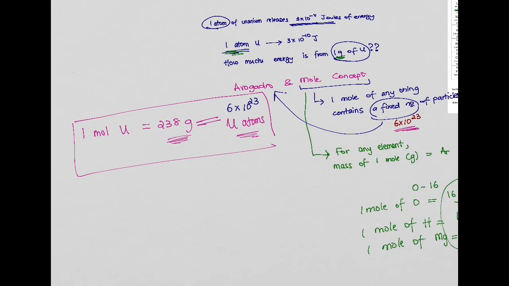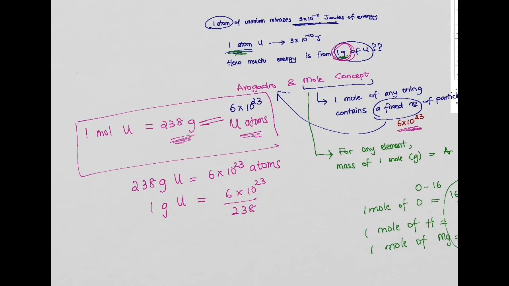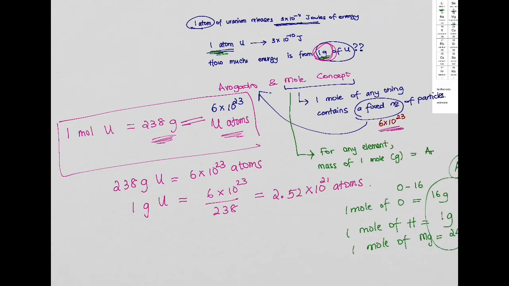So let's see how many atoms there will be in 1 gram of uranium. We'll do a simple proportion: 6 times 10 to the power 23 divided by 238 grams. From this we get the number of atoms in 1 gram.